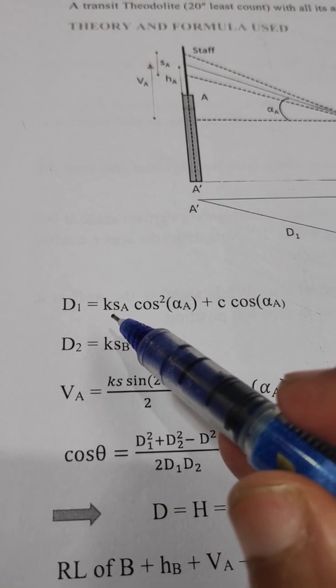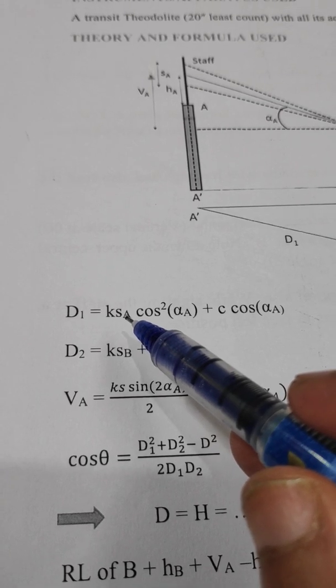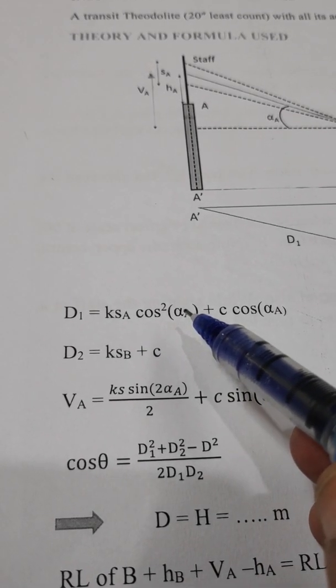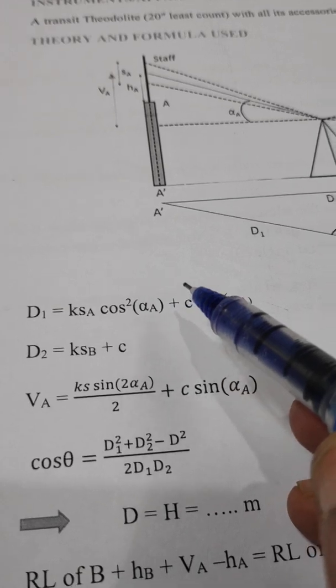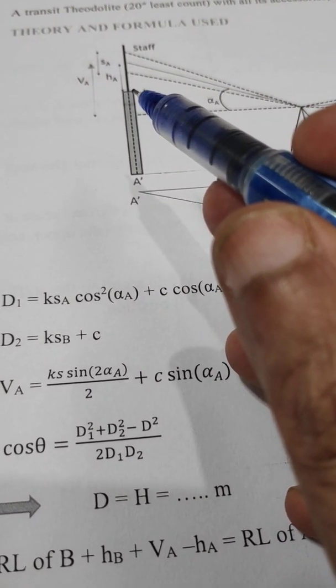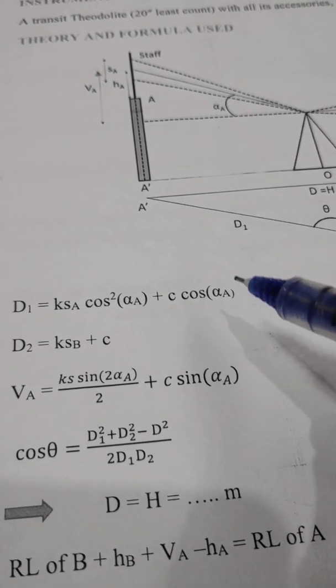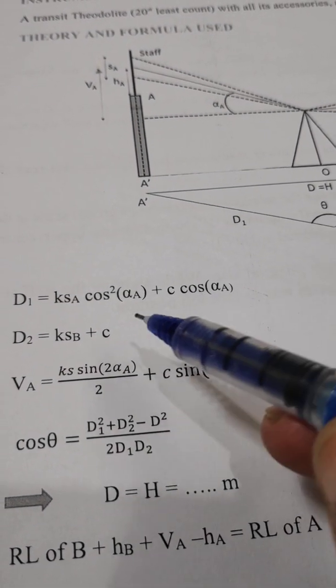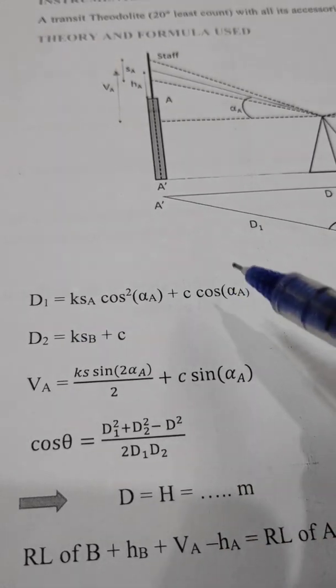This k is the multiplying constant, SA is the staff intercept, alpha a is the vertical angle which you have taken for point A, the top of the building. Okay, alpha a, cos alpha. This formula you will use for this distance d1.